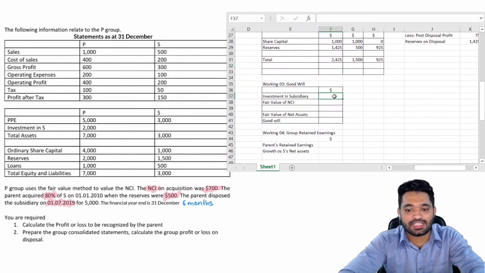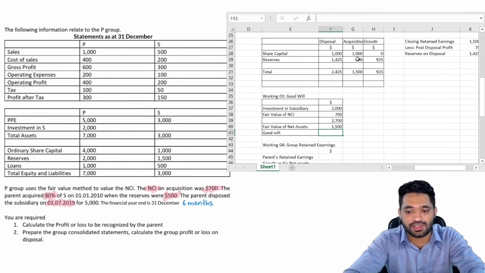So the investment in the subsidiary, that is 2000. The fair value of the NCI on acquisition that was given to us in the question was 700. So the total investment by the parent and the NCI is going to be 2700. So the fair value of your net assets was 1500 on the date of acquisition.